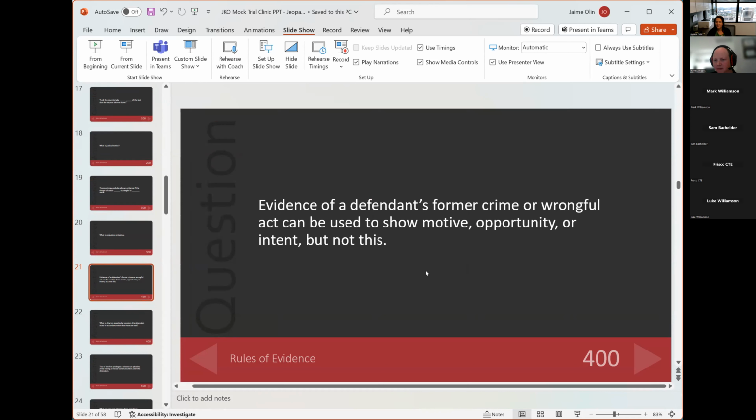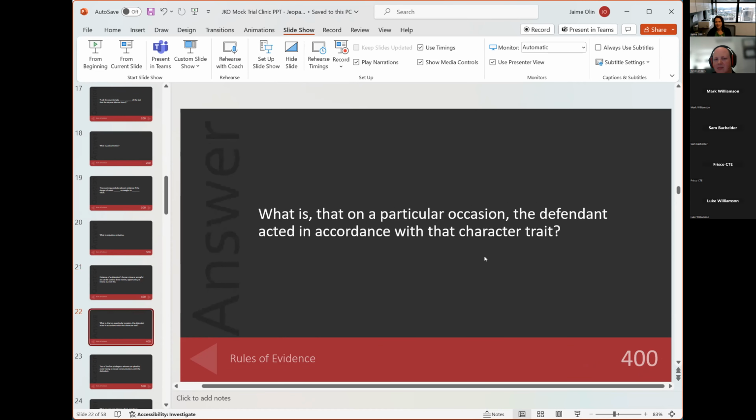Sam Batchelder. Character for truthfulness. The answer is, what is that on a particular occasion, the defendant acted in accordance with that character trait?